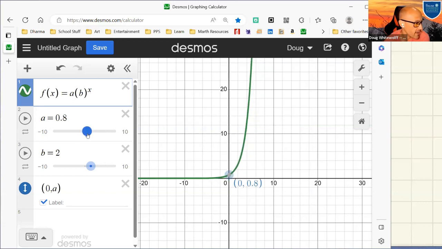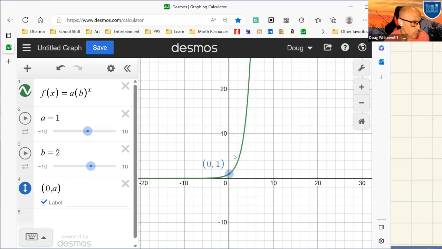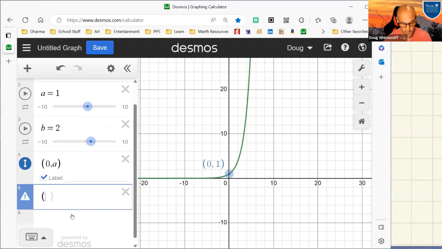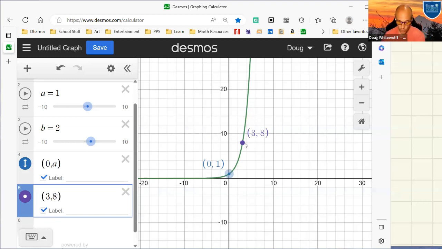Let's put an a value of 1 and a b value of 2 and talk about when x is 3, the y value is going to be 8. And you can see it there. It's on the graph, but I'll show you why algebraically as well.